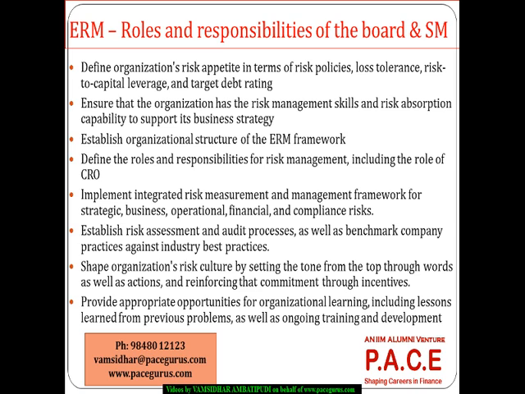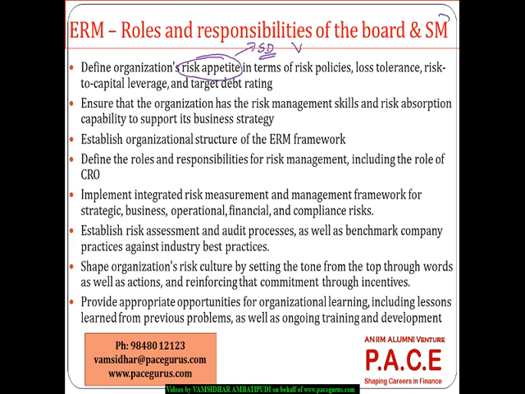So finally, looking at what the board needs to do and what the senior managers need to do, if the firm has to go more successfully into the risk management space, first of all, develop a risk appetite for the organization. How much risk are we willing to take? There are various measures of risk. As a simple measure, we can go with a standard deviation.